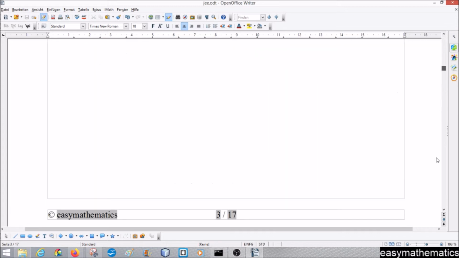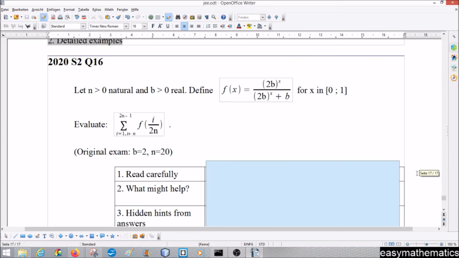Let's take a look. 2020, sheet 2, question 16. I changed that a little bit. Let n greater than 0 be natural and b greater than 0 real. Define f of x equals 2b to the power x over 2b to the power x plus b, for x in the closed interval 0 to 1.